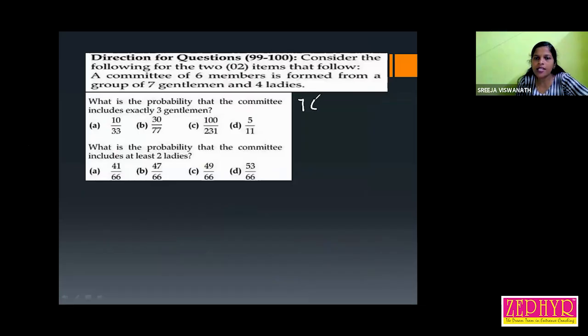So there are 7 gents and 4 ladies. First question, what is the probability that committee includes exactly 3 gentlemen? We need a committee of 6 people. Total committee contains 6 people. First case, exactly 3 gentlemen. How we can solve? Exactly 3 gentlemen.